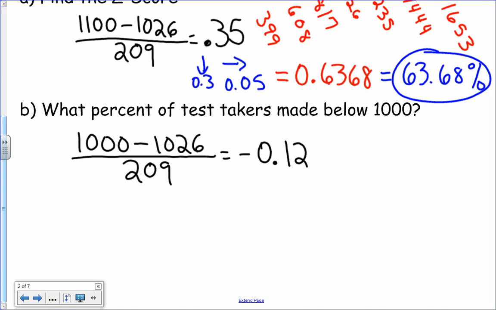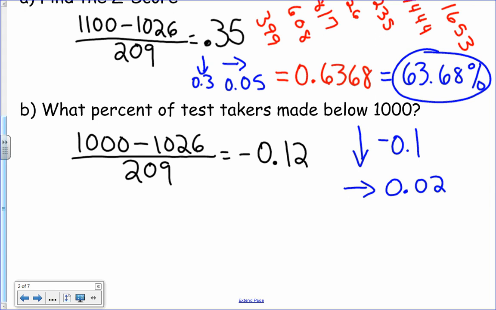So which side are we on our z-score page? Negative side. So we want to go down to negative 0.1. Negative 0.1. Go down to there. And then go over 0.02. You see that? Okay.